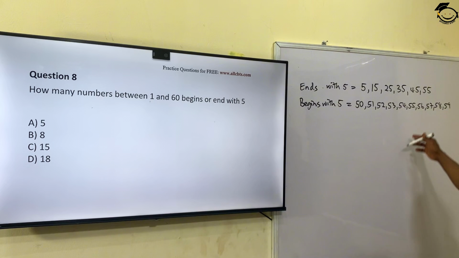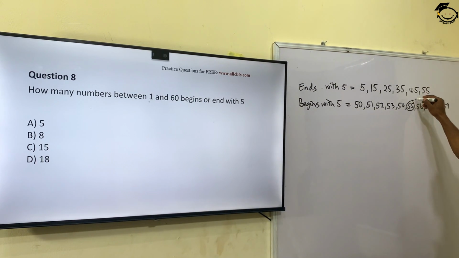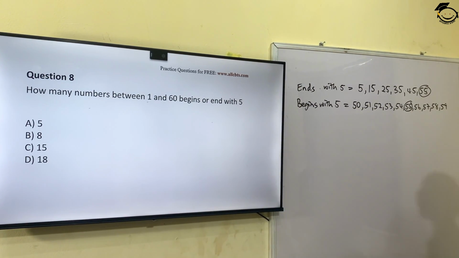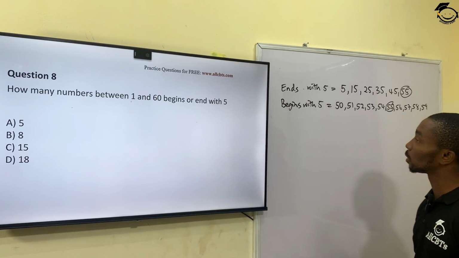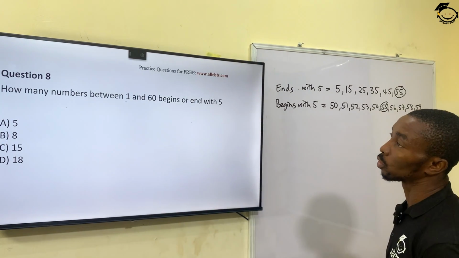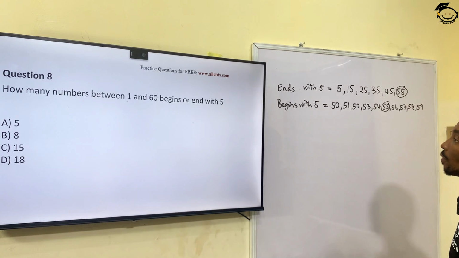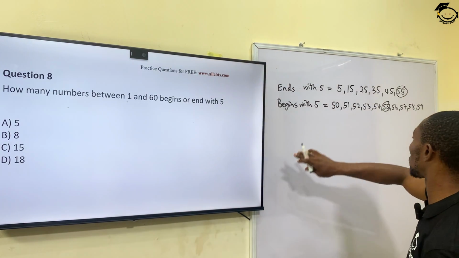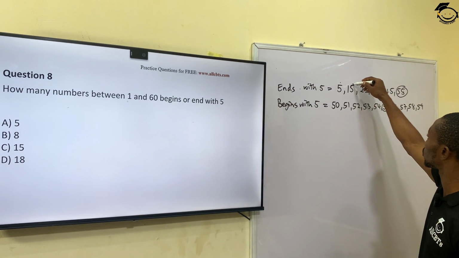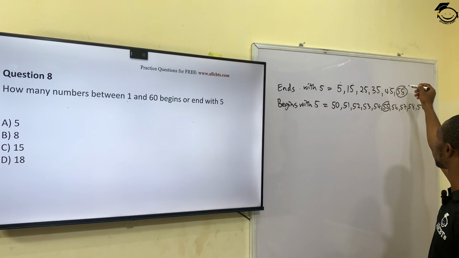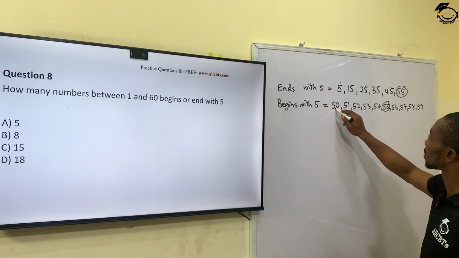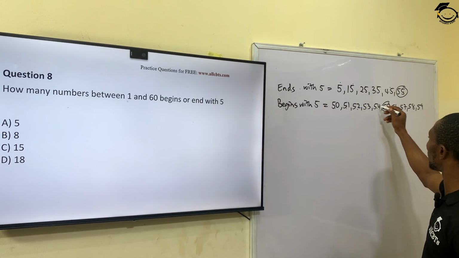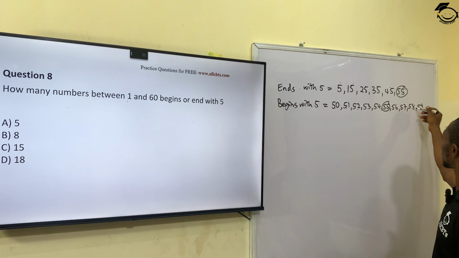Now, in these two, we have a 55 common to both. So it's like an intersection in both of them. So when we want to calculate the total numbers that begins with 5 and ends with 5 between 1 to 60, we would have 1, 2, 3, 4, 5, 6, 7, 8, 9, 10, 11, 12, 13, 14, 15.